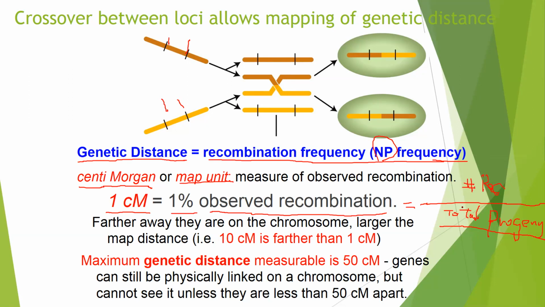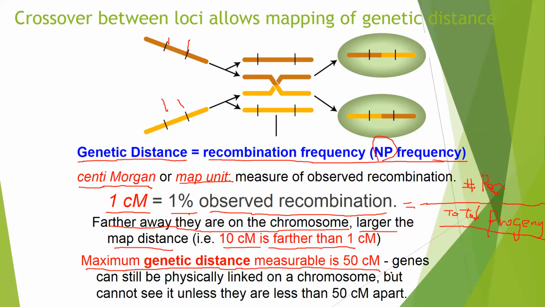This ratio can be translated into the map distance between these two genes. The larger this number, the further away they are on the chromosome. That makes sense, right?